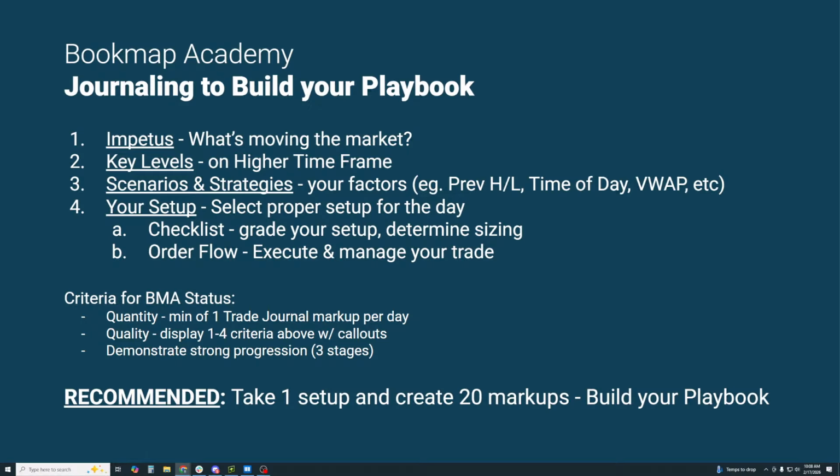The impetus could also be very high time frame technical levels that move the market. Those we want to understand as well, and that brings us to number 2, understanding the higher time frame key levels. Together with number 1, the impetus, now we're getting a bigger picture perspective.